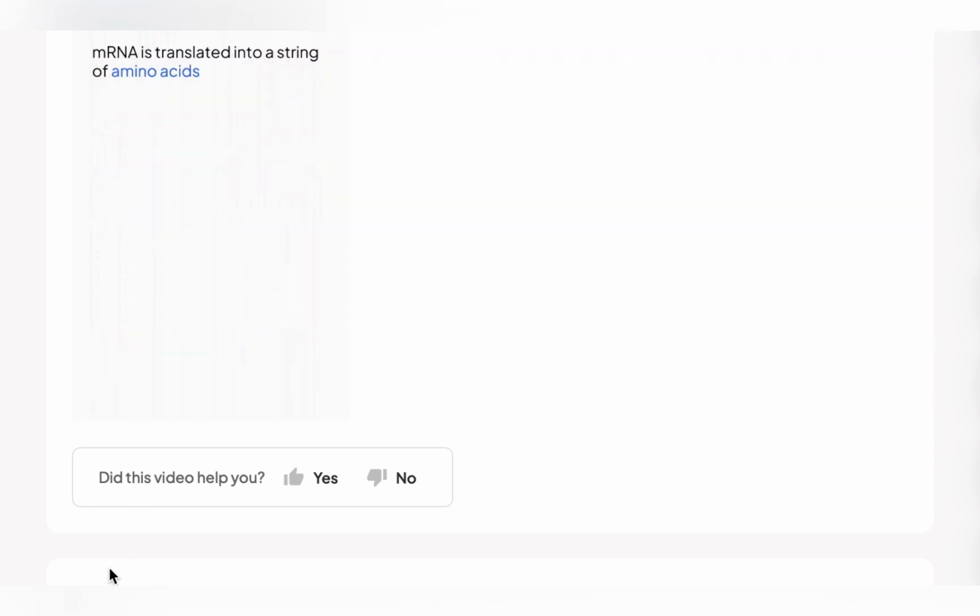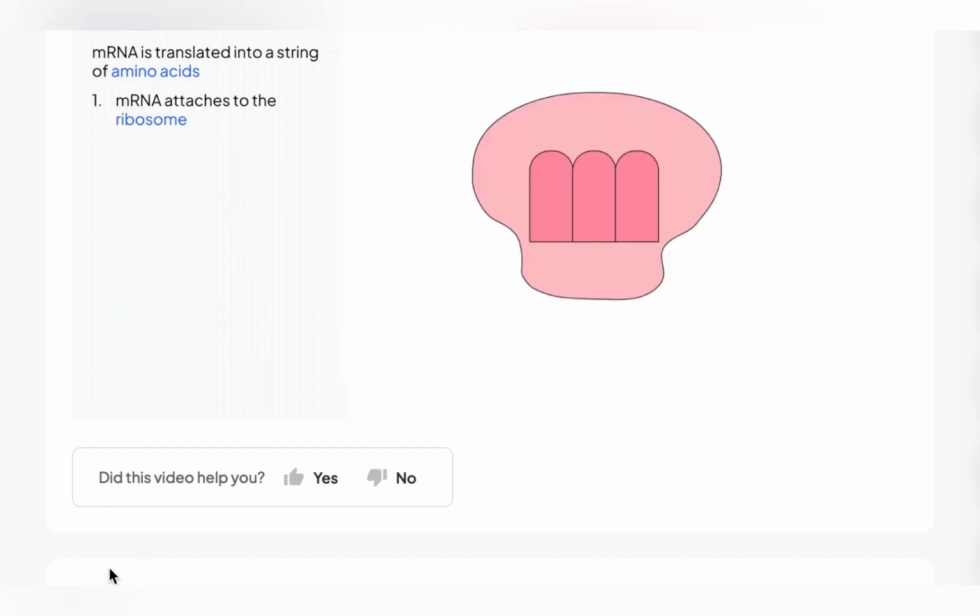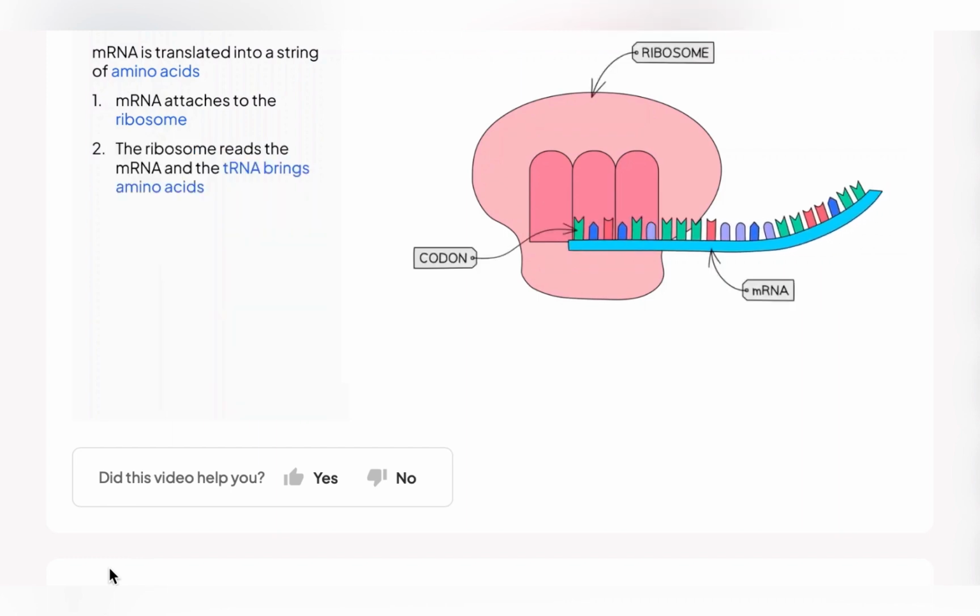In translation, mRNA is used to build proteins from amino acids. mRNA leaves the nucleus of the cell and it attaches to the ribosome in the cytoplasm, ready for translation to occur. The ribosome reads the codons on the mRNA, and the tRNA delivers amino acids using their complementary anticodon.